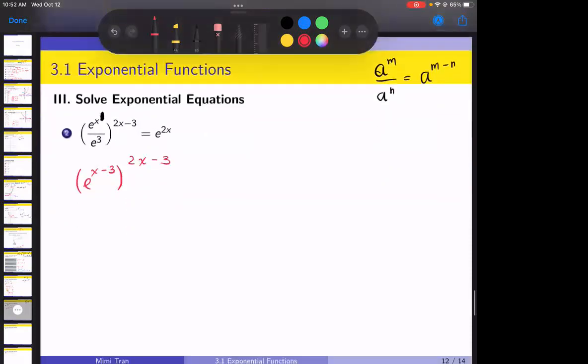What do I do next? Let me rewrite the right hand side. What do I do next? There's a power rule. If I have a to the m and then parenthesis to the n, what do I do? Yeah, you multiply them.